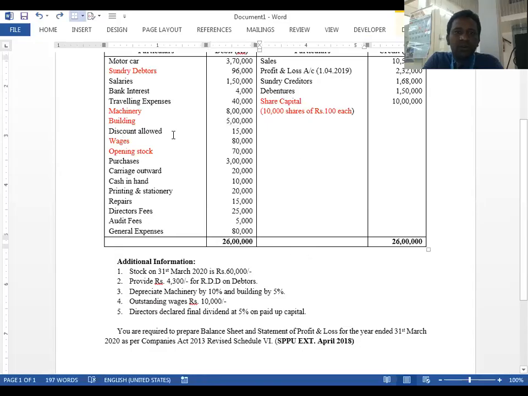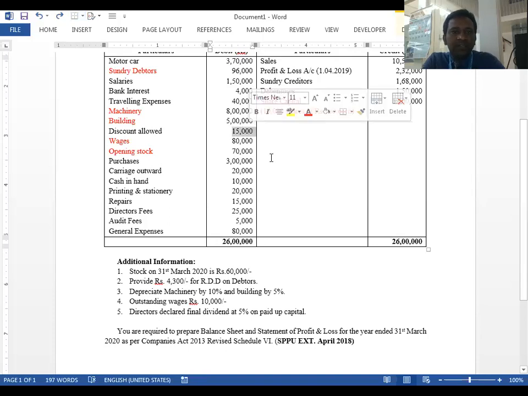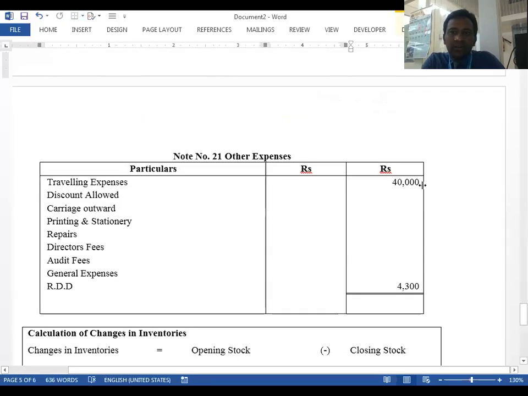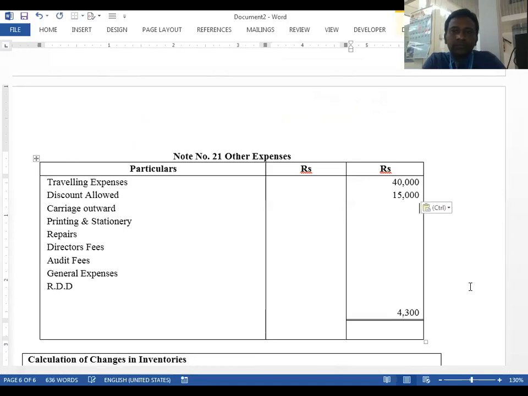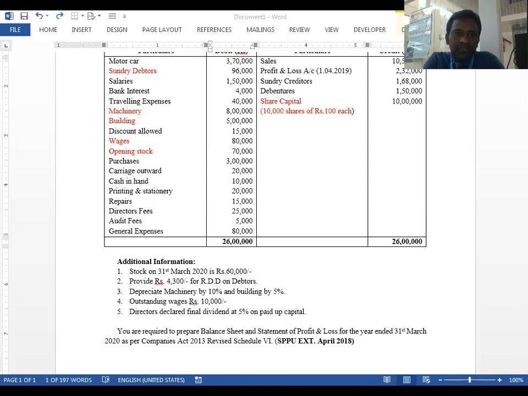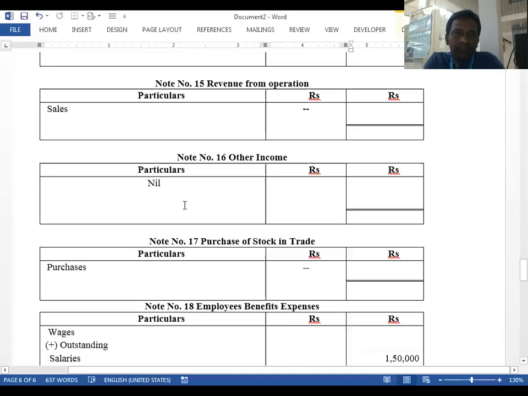Now discount allowed. It is one type of expenses and falls under the other expenses. So notes number 21, other expenses, discount allowed. Then next item, wages. Wages are related with the employee benefit expenses, but there is an adjustment related with the wages, that is outstanding wages of rupees 10,000. So it is added in the wages under the employee benefit expenses.